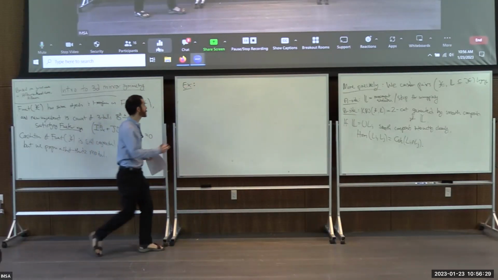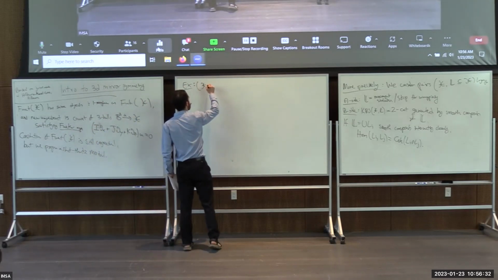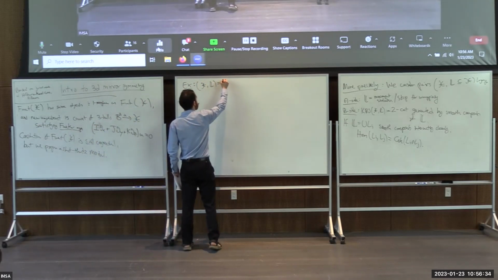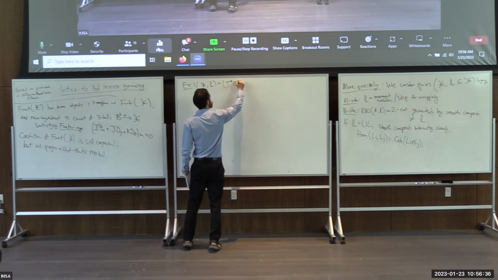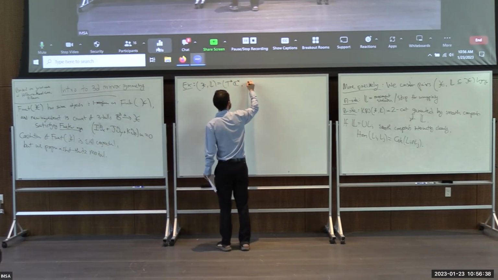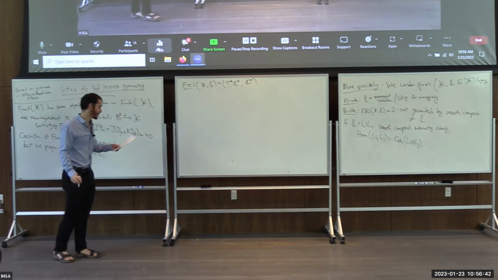It's the case when the pair X, L is the cotangent bundle of C star, and I take my skeleton L to be just the base C star of this cotangent bundle.